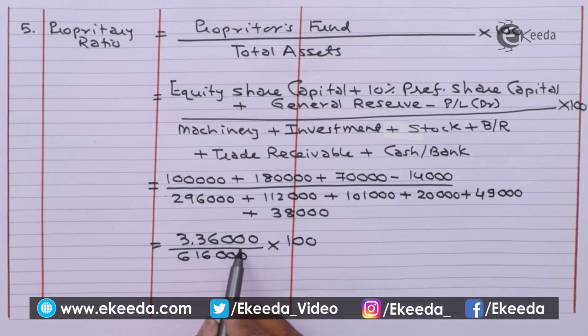Proprietor's fund we got 3,36,000 and total assets 6,16,000.